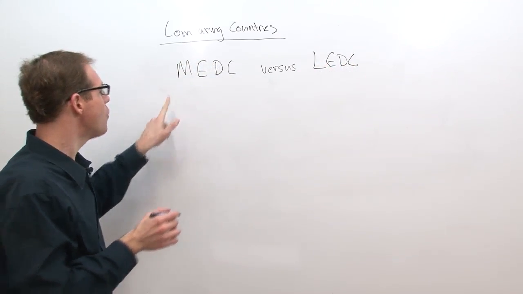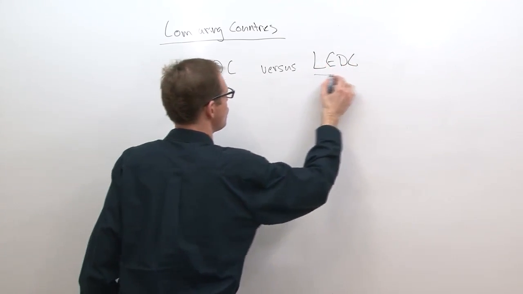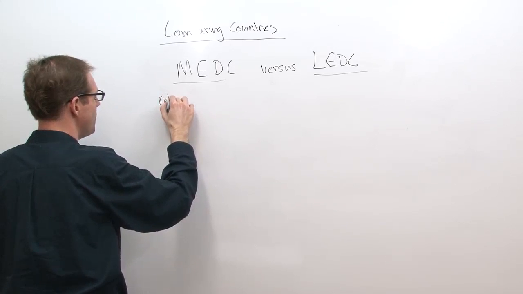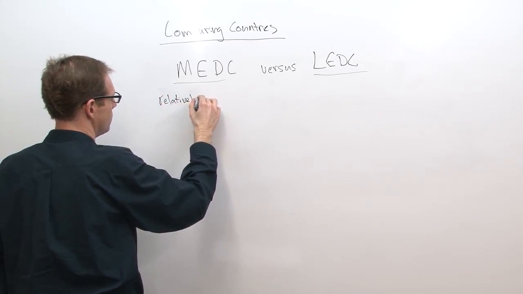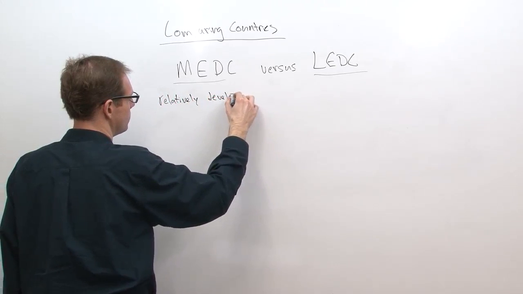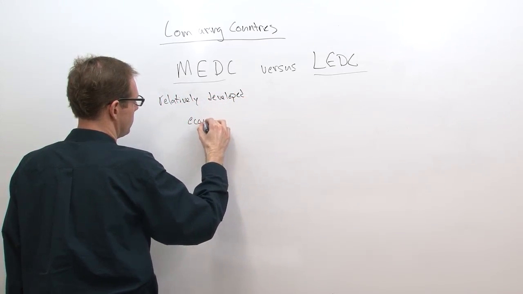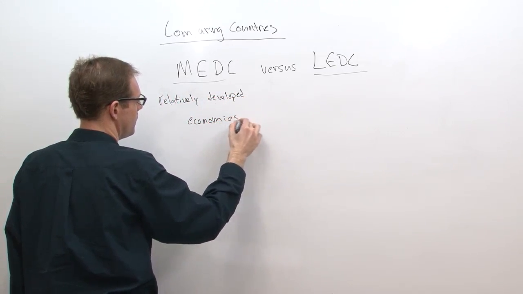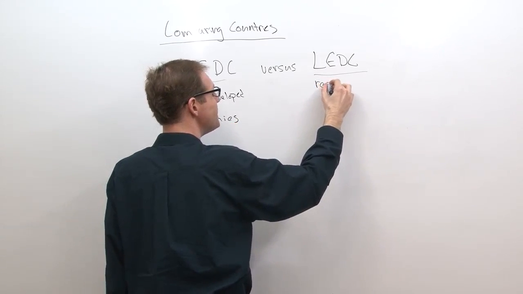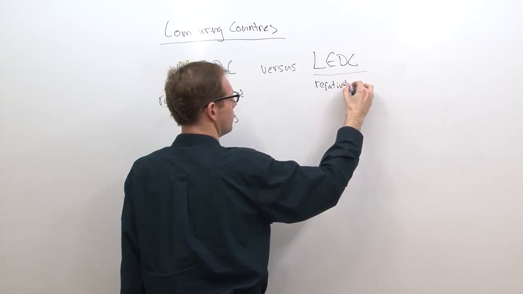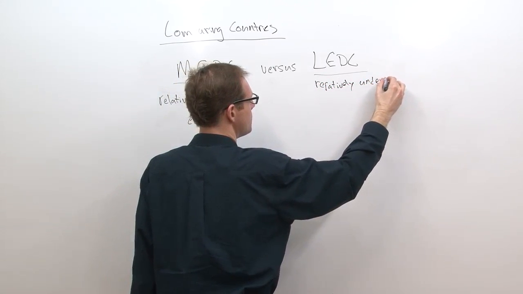These are countries with relatively, keyword there is relative, no absolute statements, developed economies, and these are countries with relatively underdeveloped economies.